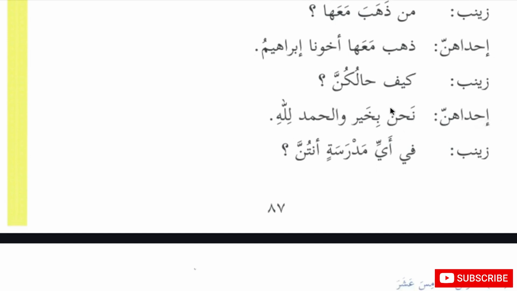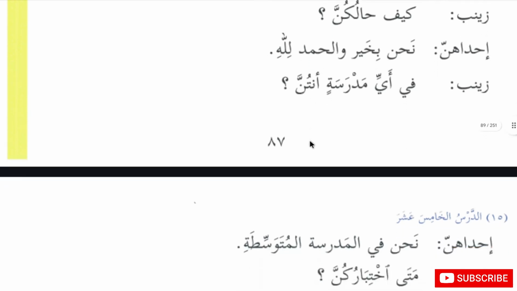Nahnu, we are بخير, in goodness, walhamdulillah. في أي مدرسة أنتن؟ في, in, أي, which, مدرسة, school, أنتن, you, female plural, you are in, basically. Also this word أي, the default is أي, because the few would say في أي. أي means which. Every noun after أي will be in the majroor state. It will have kasra.